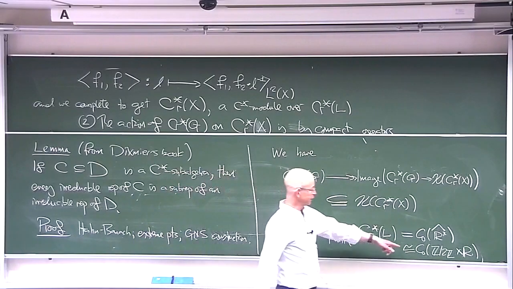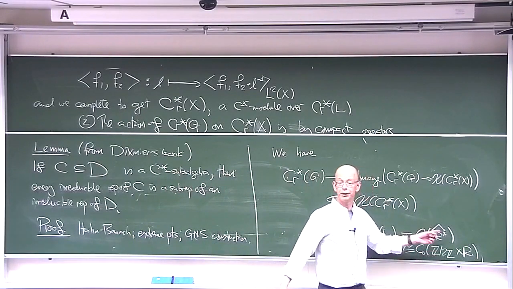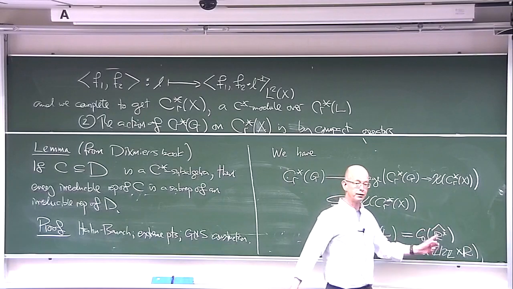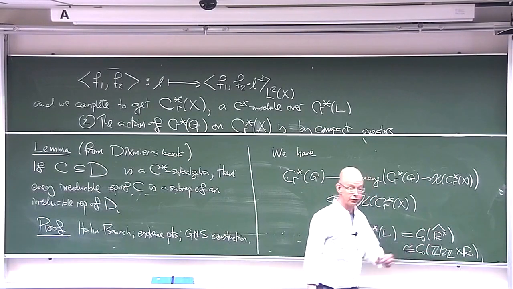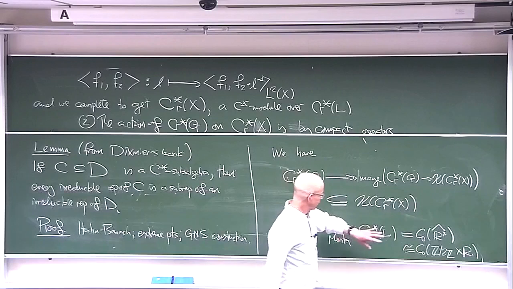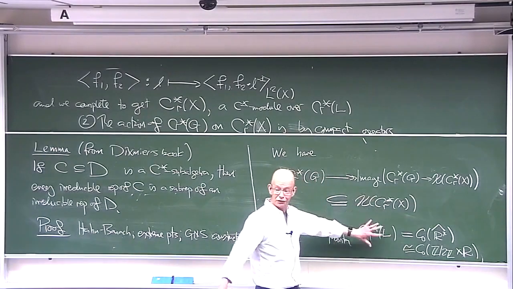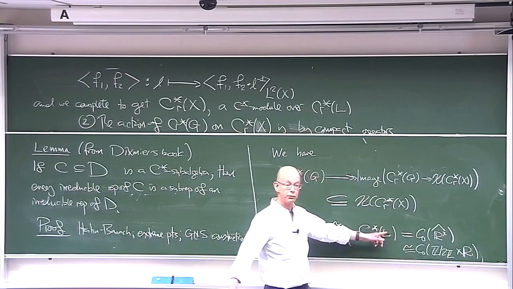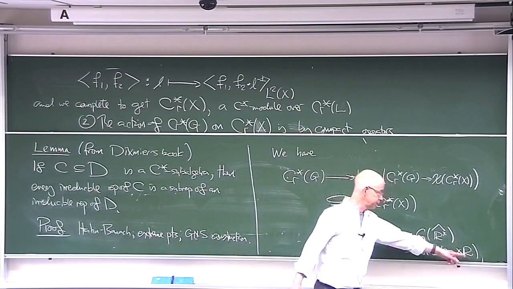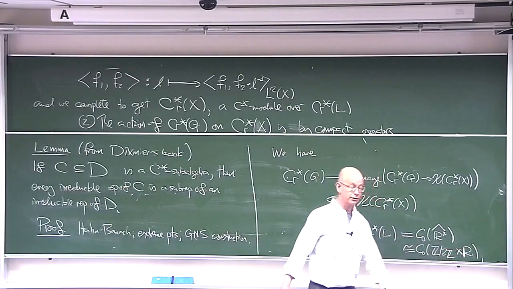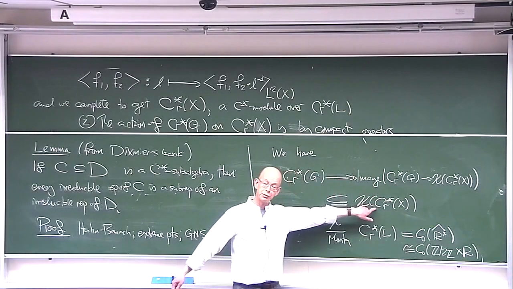And the irreducible representations of this are just functions on this space, as I mentioned in the first lecture, just given by evaluation at points. So the irreducible representations of this C star algebra are totally under control. We know exactly what they are. They correspond to characters of this abelian group L, and they are just listed by elements in this topological space. That tells us what the irreducible representations of this C star algebra are.